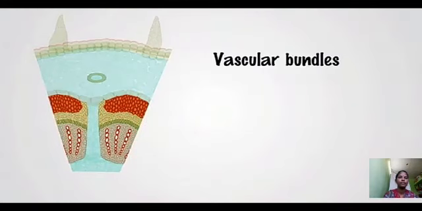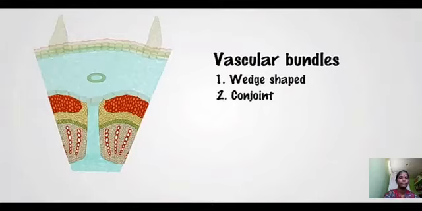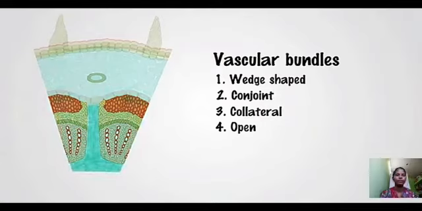The vascular bundles are wedge-shaped and arranged in a ring. Each vascular bundle is conjoined, that is, xylem and phloem occur in the same bundle. Collateral, that is, phloem lies towards the outer side and xylem occurs towards the inner side. And open, that is, cambium is present between phloem and xylem.